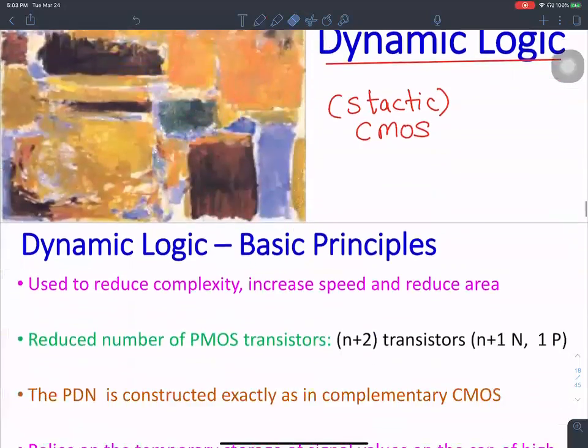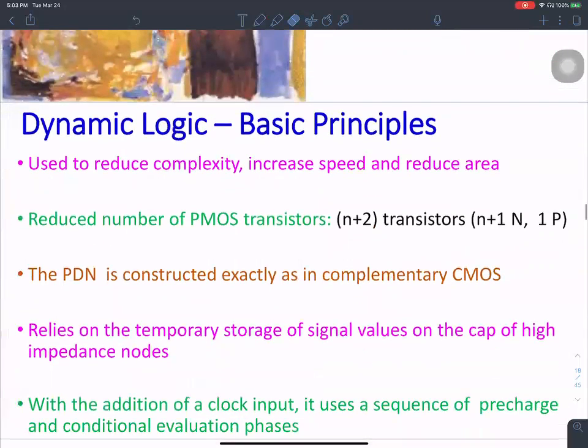Let us see the basic principles of dynamic logic. Dynamic logic is used to reduce the complexity, increase the speed and reduce the area compared to static CMOS logic.